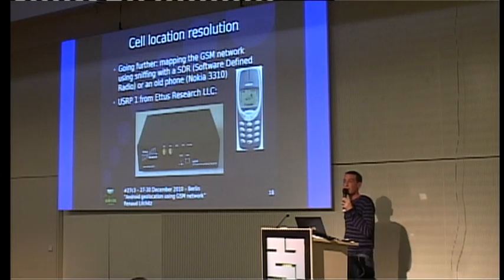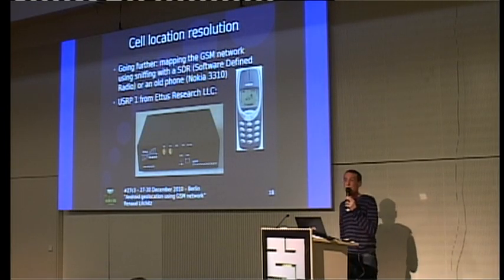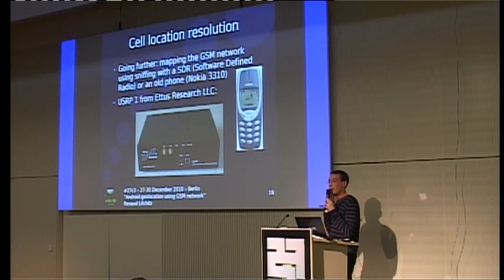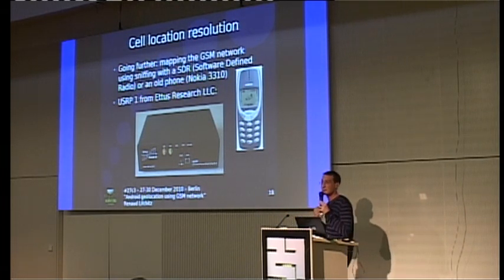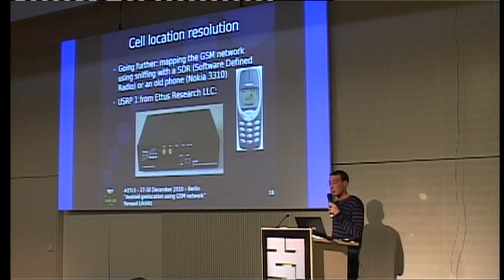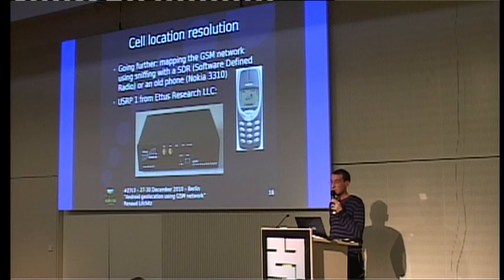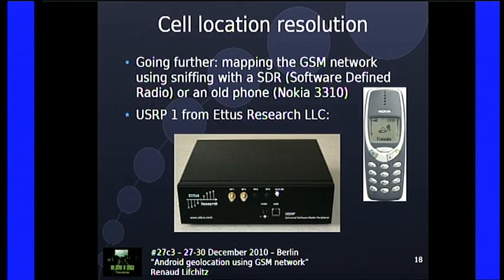So if you sniff the GSM network, and there has been a talk about GSM sniffing, you are able to collect all LAC and CIDs from your area, right? You can do that using SDR, which is a software-defined radio. Here you have one well-known SDR, which is the USRP1 from Ettus Research.